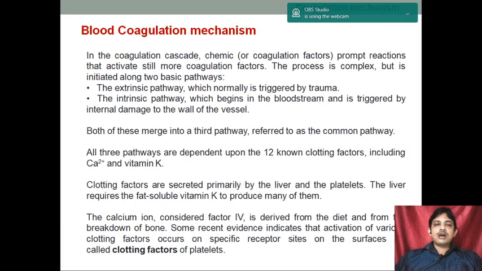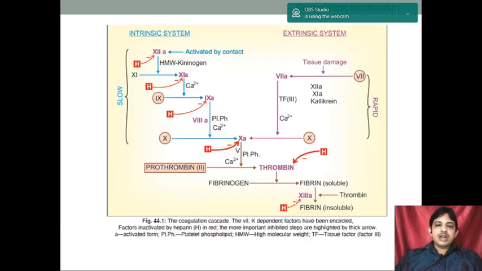Now coming to the basic coagulation mechanism. Here we can discuss the coagulation mechanism. This is the intrinsic pathway, and that is the extrinsic pathway. The intrinsic pathway is activated by contact or internal tissue damage.